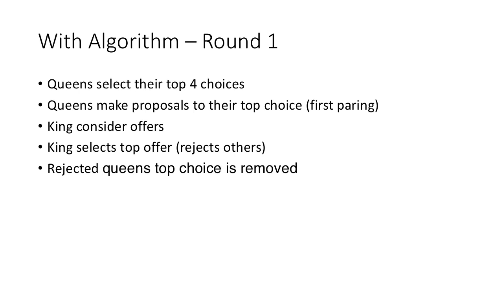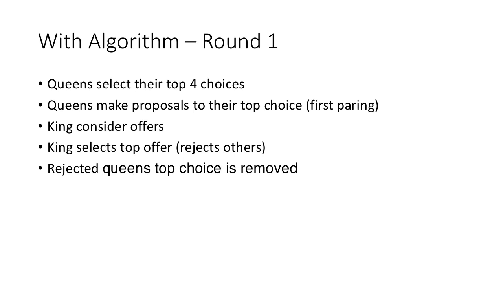So you can see here that the algorithm is pretty simple, pretty straightforward. Each of the queens proposes to their top choice. Each of the kings then takes, from the pool of proposals they have, their highest preference, and those that are not selected go back to the general pool and lose that first choice, so that card is removed.